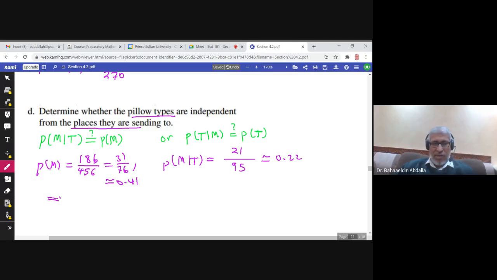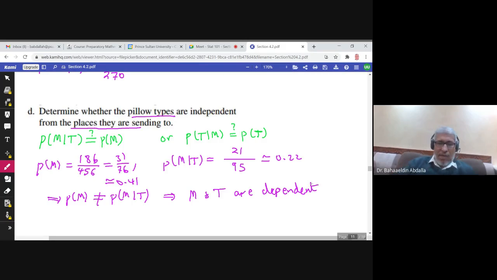So from here, I see that probability of M is not equal to probability of M given T, and this implies that M and T are dependent, not independent.